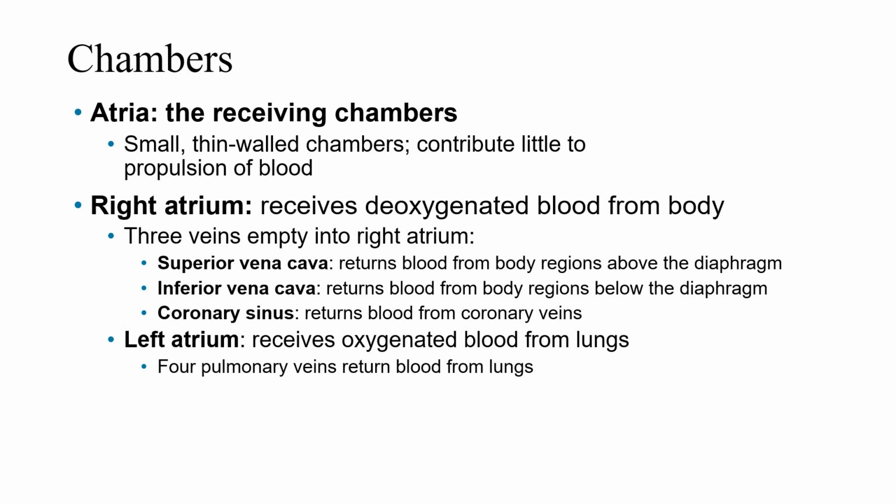So going into more detail, the atria, their job is just to receive blood. So they're small, they're thin-walled. They're not actually doing a whole lot for the propulsion of the blood throughout the body. That's the job of the ventricles. So the right atrium, that's where the deoxygenated blood from the body is coming in. It's getting emptied into by 3 veins: the superior vena cava, the inferior vena cava, and the coronary sinus.